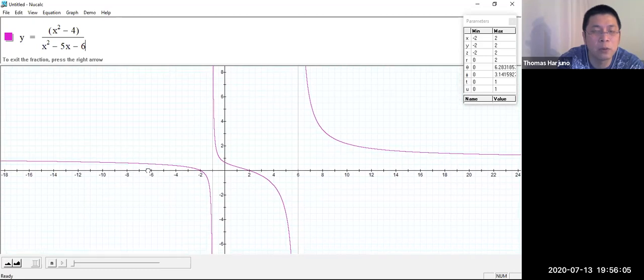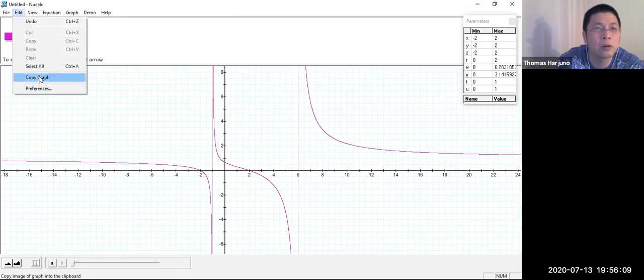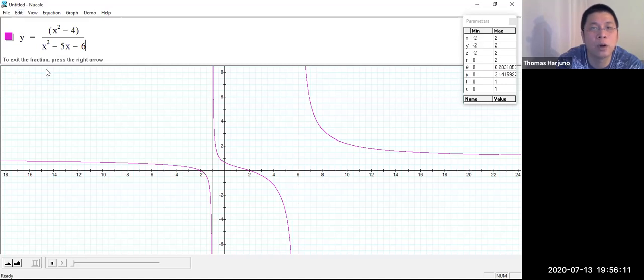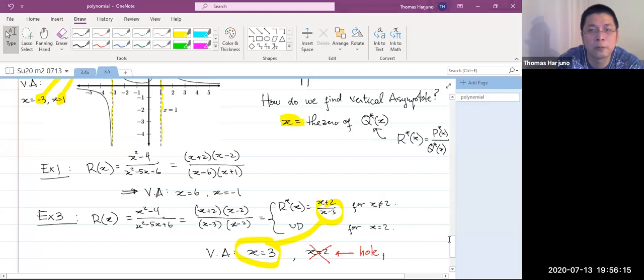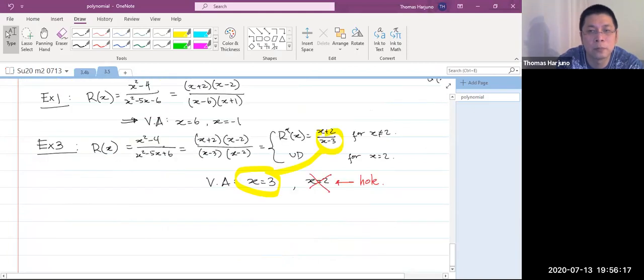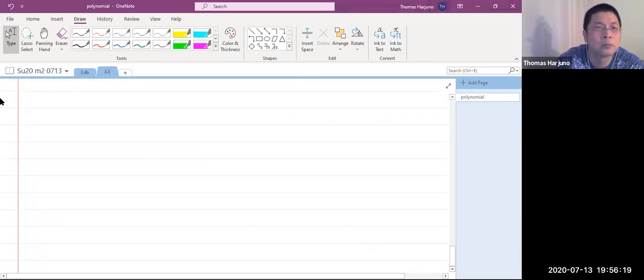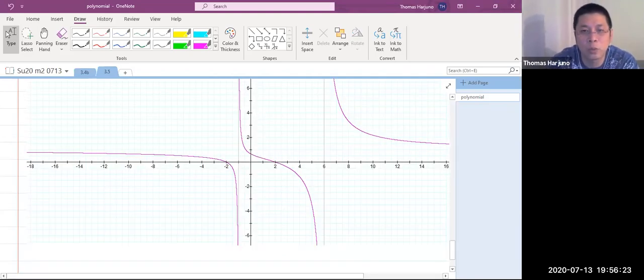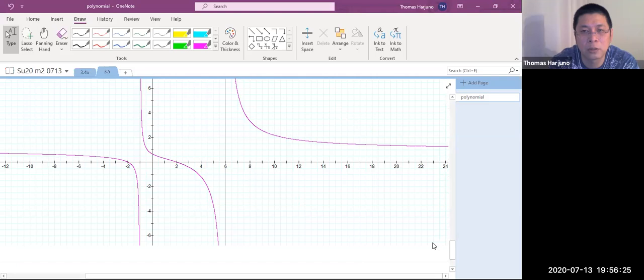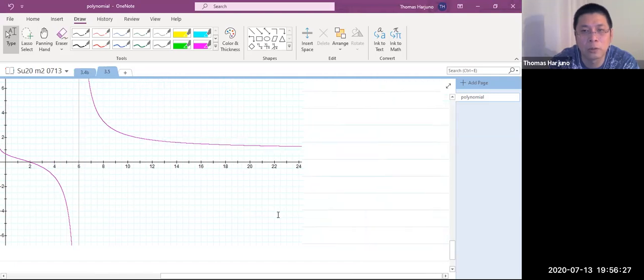Copy the graph and bring it back to our notes. It's way too big, let's make it a bit smaller.